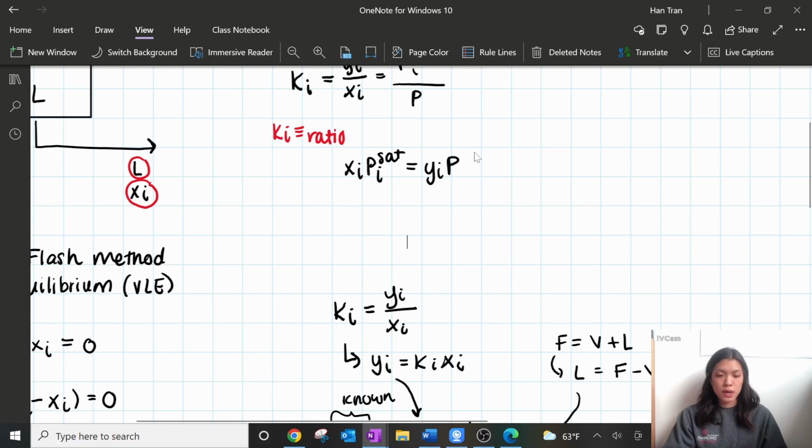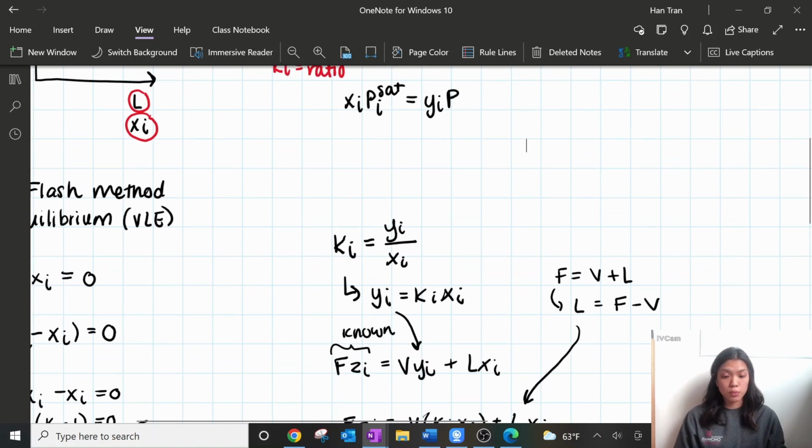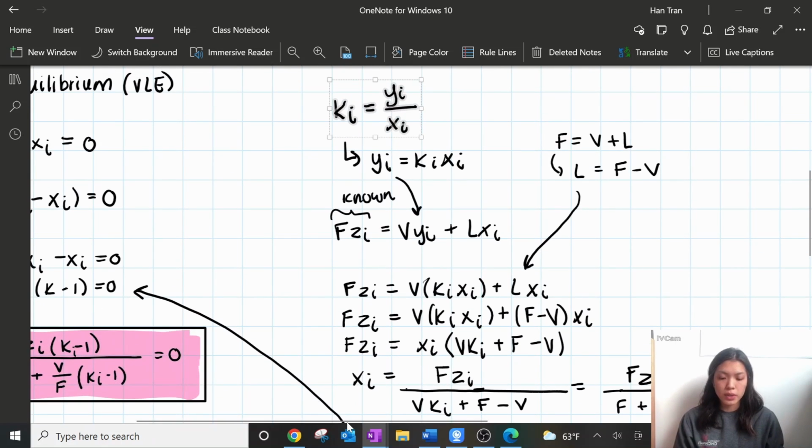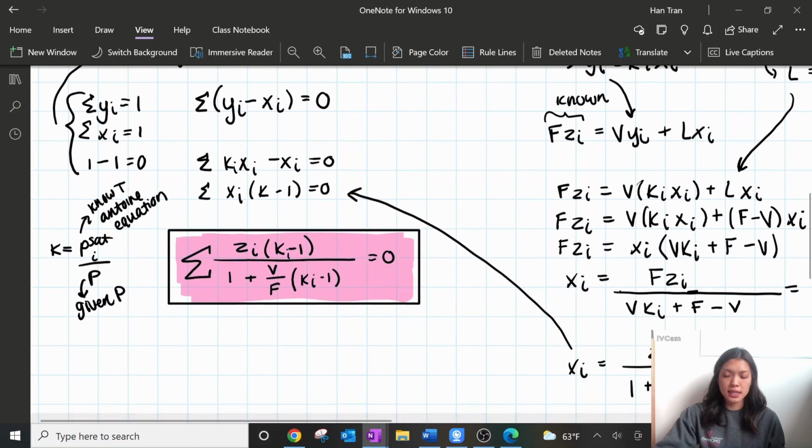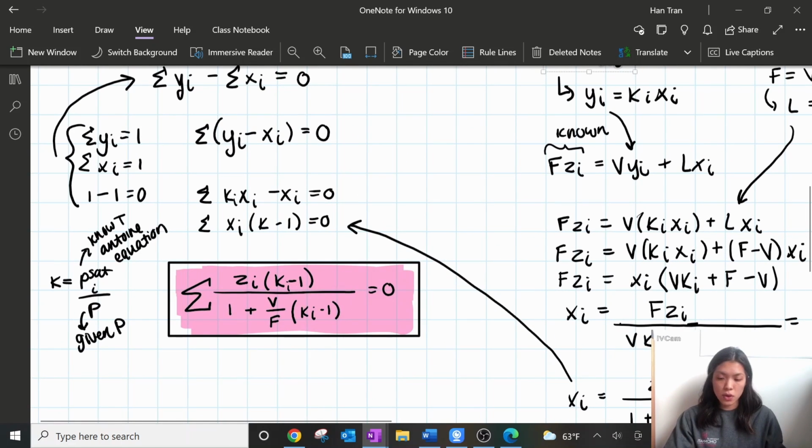And so if we use Raoult's law, which is what we have up here, it is the liquid mole fraction times the saturated vapor pressure equals the vapor mole fraction times the total pressure. So if we use Raoult's law as well as this definition of the mole fraction ratio here, what we come up with is that the mole fraction ratio is also the saturated vapor pressure over the total pressure.